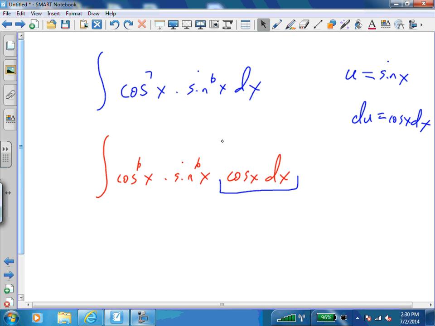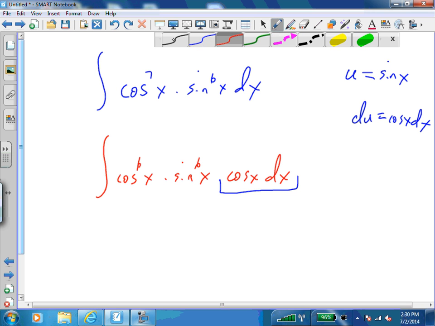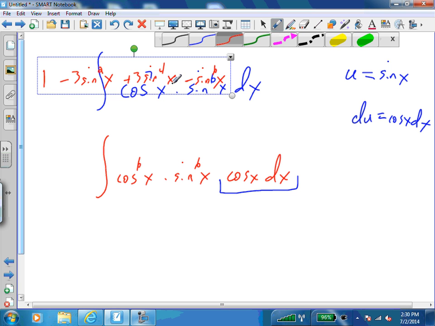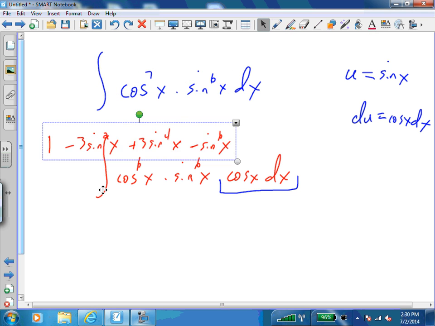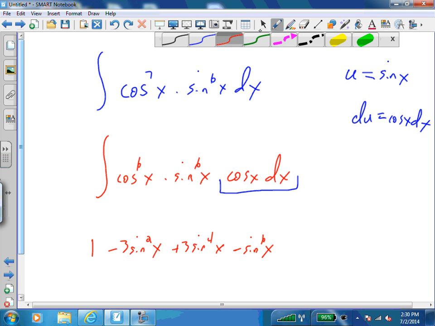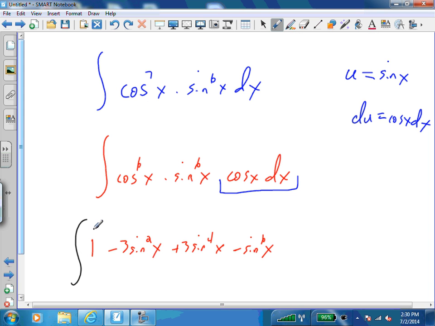So that's what we're going to replace cosine to the 6th with. So cosine to the 6th changes to that. And remember that cosine x dx, that's going to be our du.